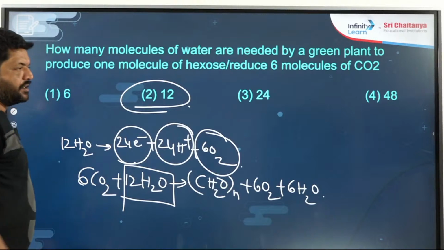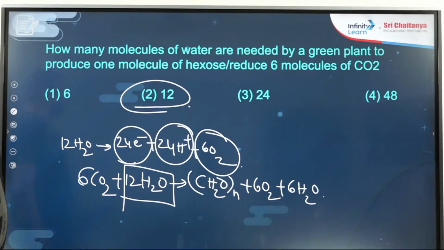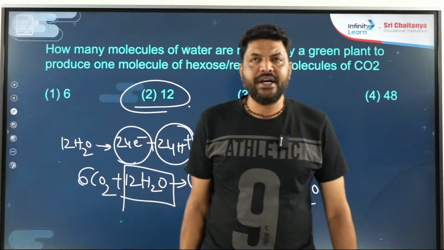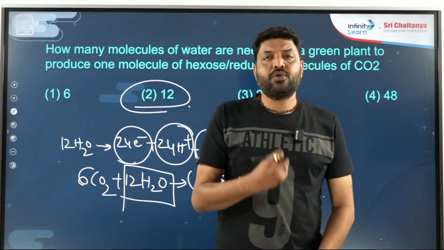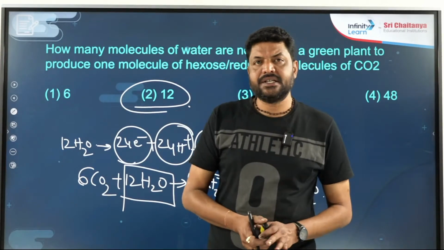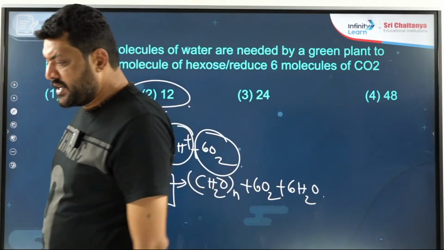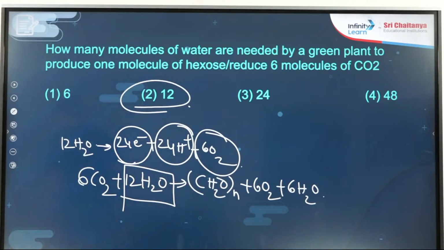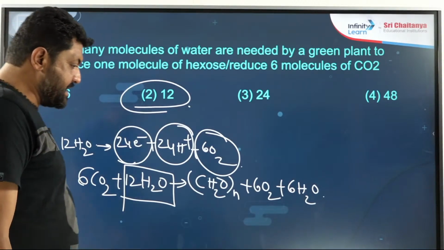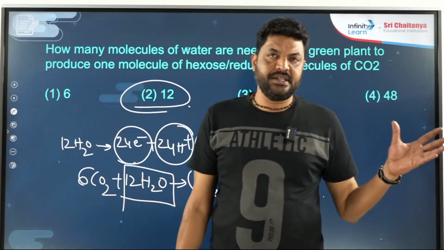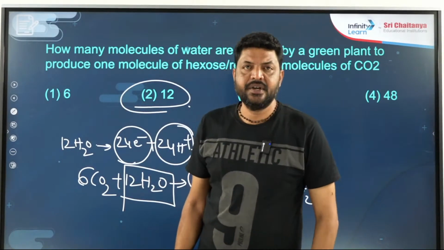So according to the Robert Hill reaction, in intact plants, what is the immediate protonic acceptor? What is the Robert Hill reaction? In the presence of a strong hydrogen acceptor, the chlorophyll molecules can split the water molecule and liberate oxygen. This is the Robert Hill reaction.